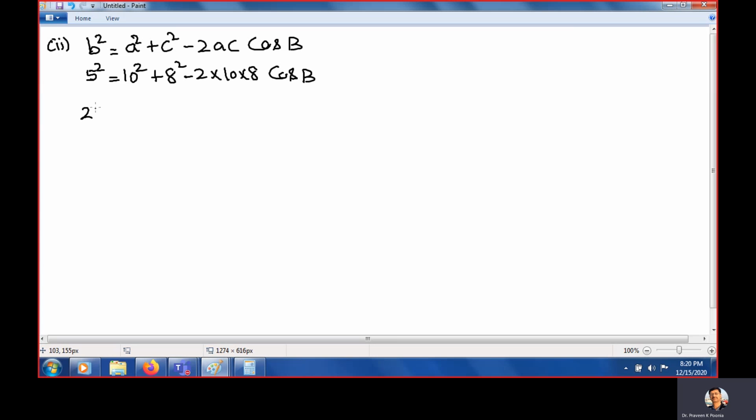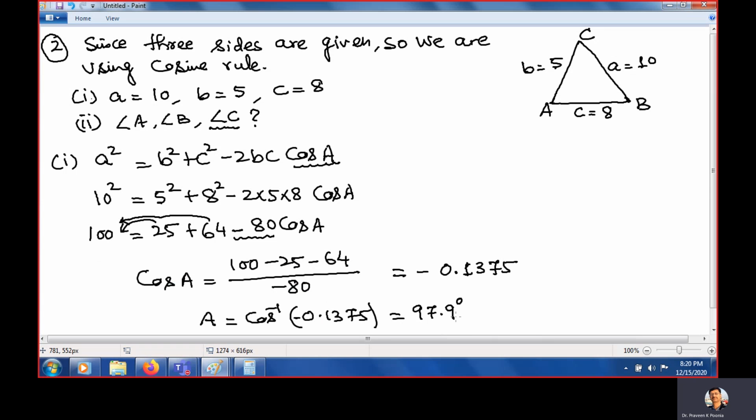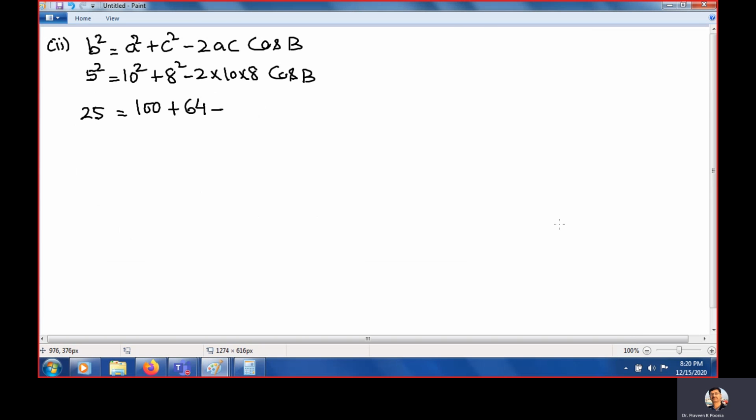5 power 2 is 25. 10 power 2 is 100. 8 power 2 is 64. 2 times 10 is, there was also AC. Oh, I put the value wrong. A I put 10, B I put 5.